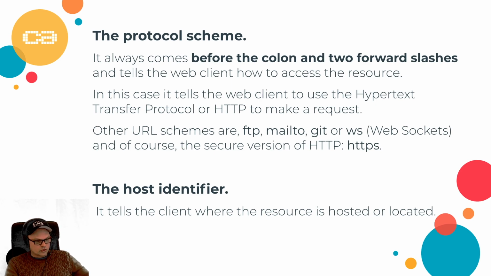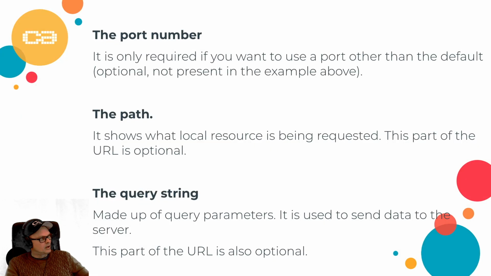Then you have the host name, which is a simple one because in this case it's the guardian.co.uk, but it could be your own server name that you can purchase, or whatever service you're using. And then you have the port, the path, and again the query string that passes some parameters to your server.